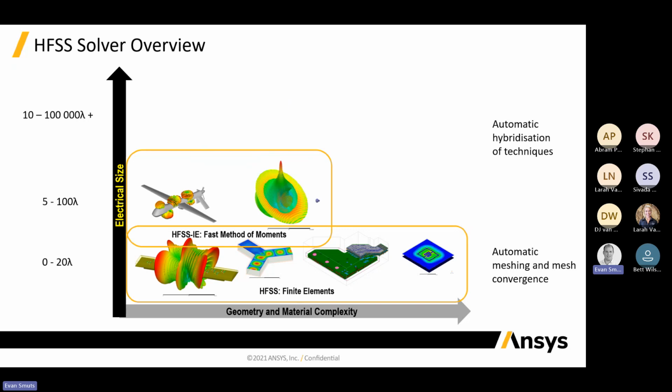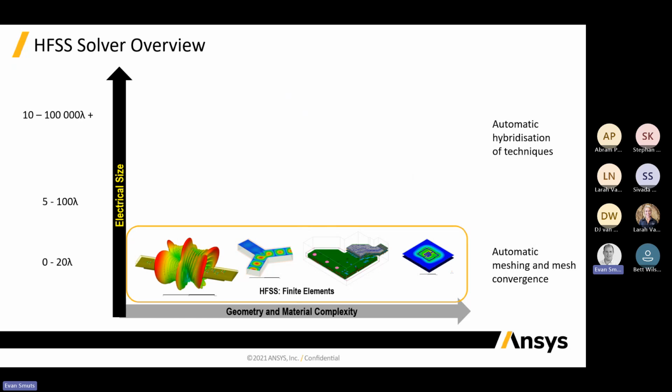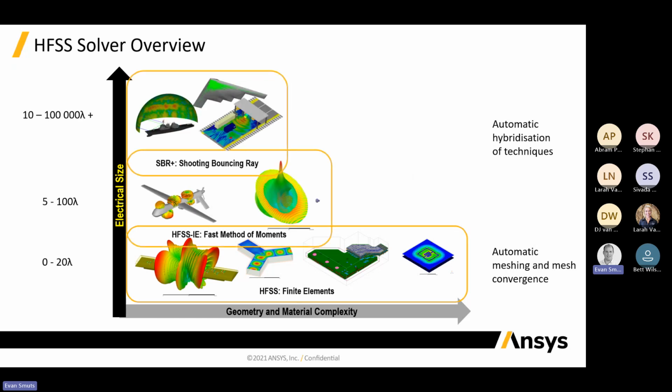This is very similar to a method of moments type approach, where we're looking at larger systems, flat open surfaces, and so on. So we can certainly look at larger designs through that. Then going to even larger systems, we incorporate the SBR+ approach, which is a shooting bouncing ray technique for very large scale systems.